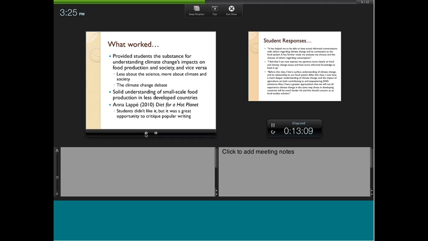And they kind of didn't like the sort of anecdotal arguments that she used, some of the narratives that she used. They felt like it was sort of intellectually weak. But what it really gave was a great opportunity to critique popular writing, to think about something, the goal of Anna Lepay was to reach a very broad audience.